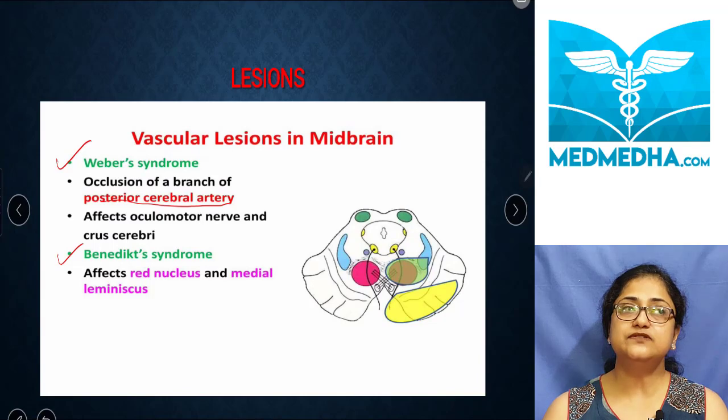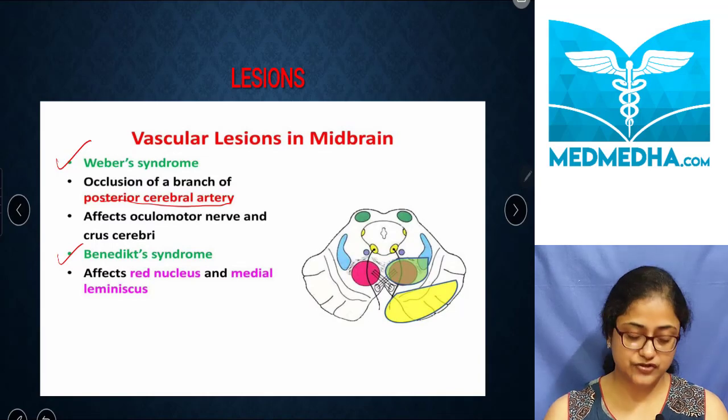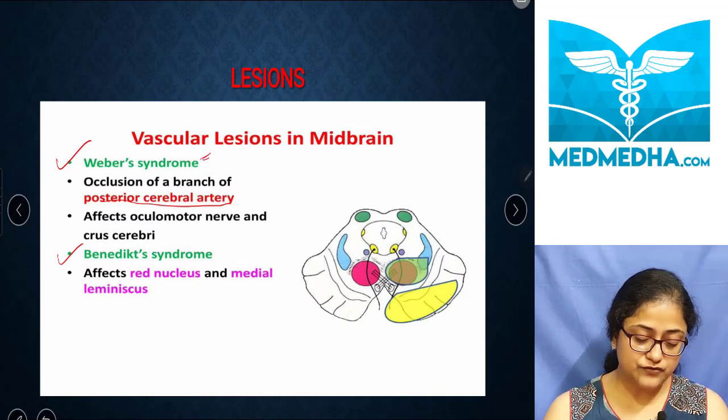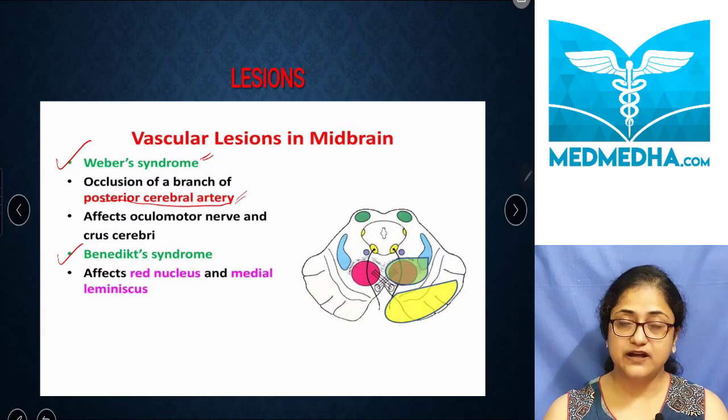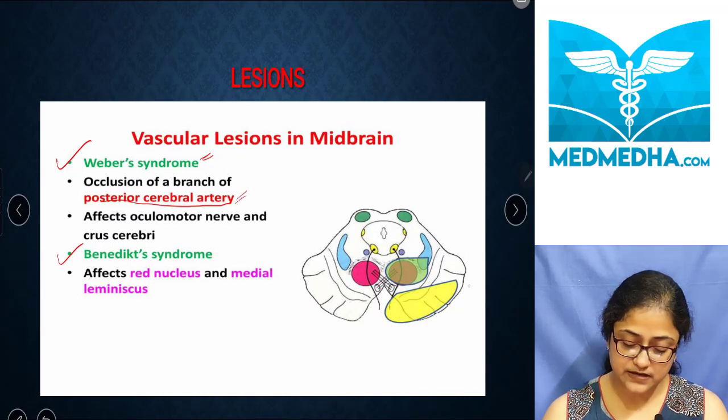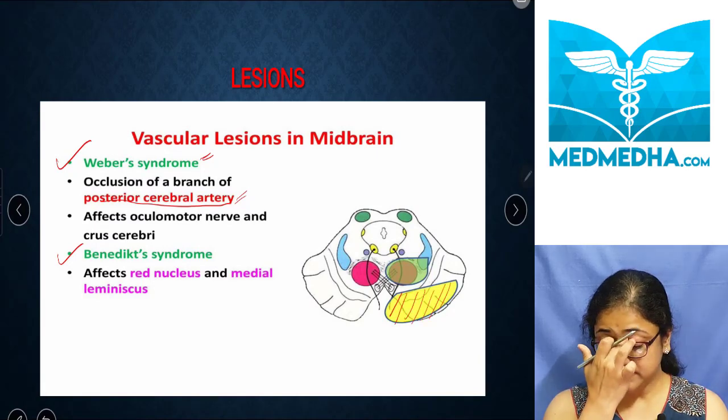Now, the signs produced by these two syndromes are different because of the different structures affected. In Weber syndrome, which is a vascular lesion of this posterior cerebral artery, two structures are affected. This region marked in yellow is the area where Weber syndrome affects.